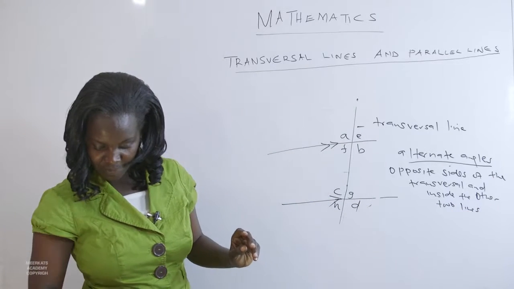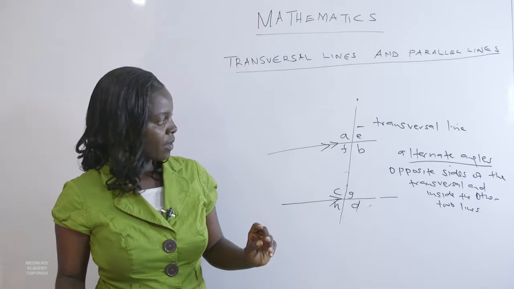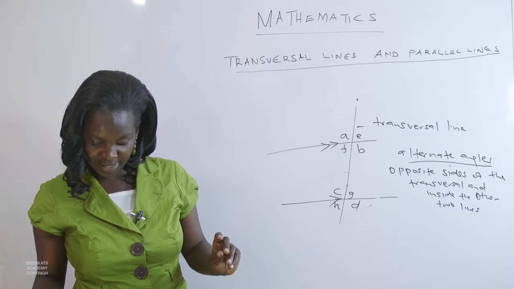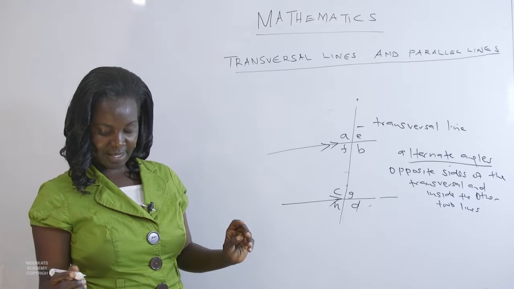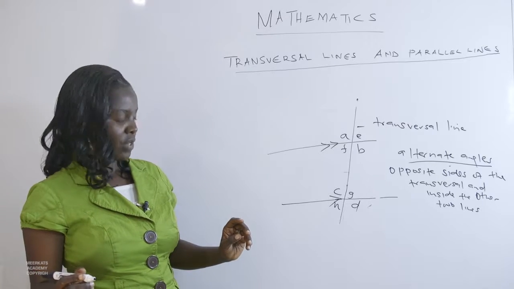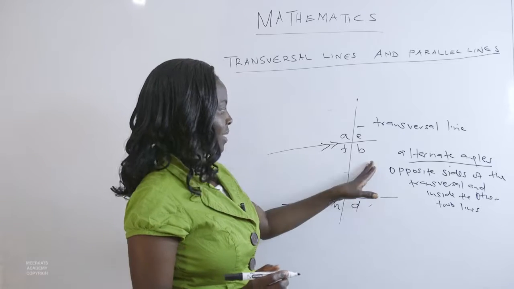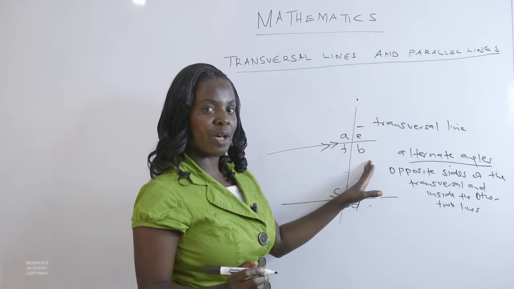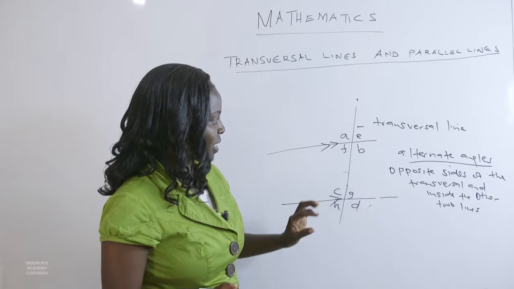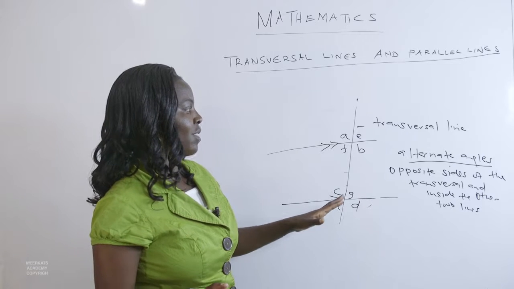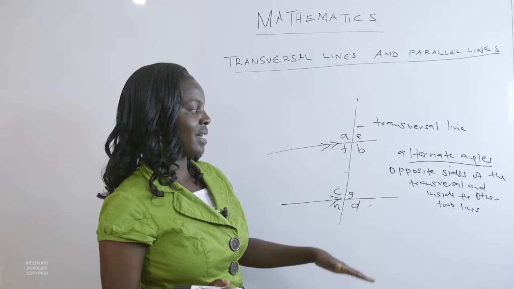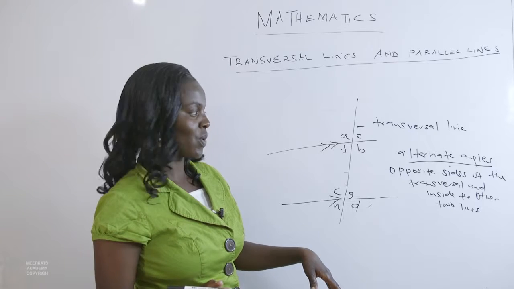Alternate angles are on the opposite sides of the transversal and inside the other two lines. So let's see if you can identify alternate angles from this drawing here. We have said they are on the opposite side of the transversal and inside the other two lines.